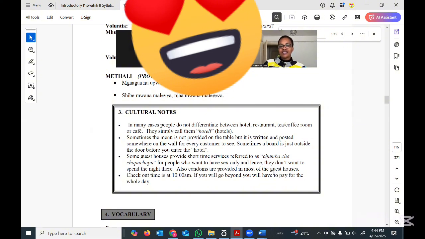Yani hoteliers in the lodging. He's trying to say that we have the so-called chumba cha chap chap. Chap is fast or haraka. So some people will come in looking for a room and they need it just for a short time.